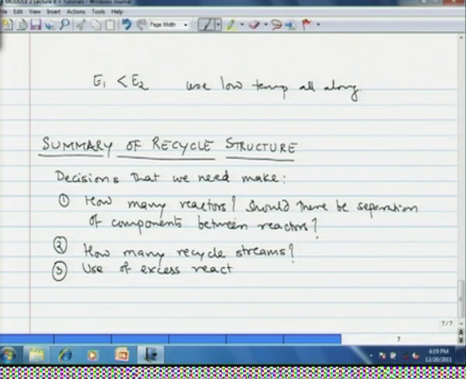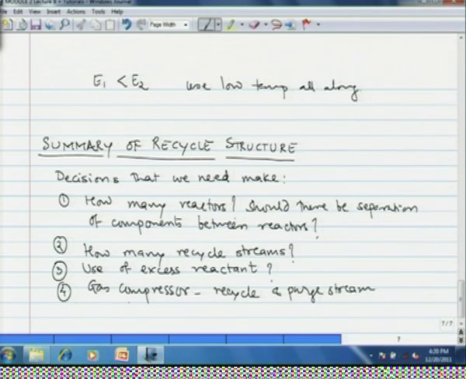Then use of excess reactant so as to force conversion of the limiting reactant to completion or to shift the equilibrium, okay. And then the recycle of the unconverted reactant, okay, the gas compressor. Recycle and purge stream.